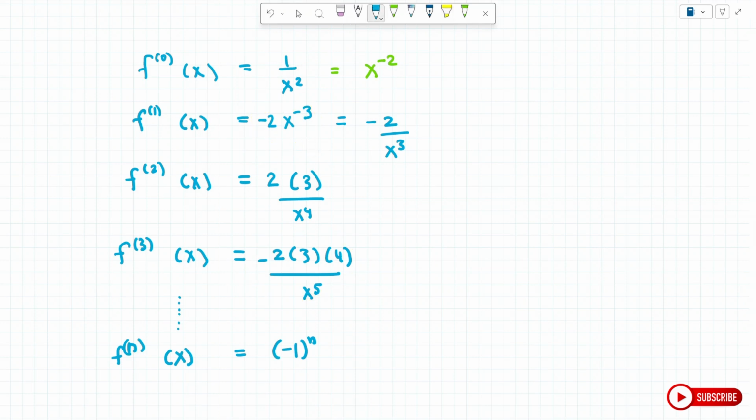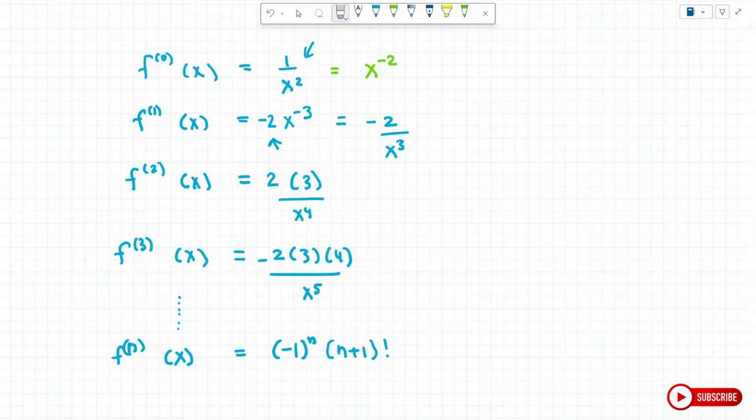And then what else can we notice? We're going to multiply this by n plus 1 factorial. Let's verify that. We have our value here is 1, and then we've got 2, and then we have 6, which is 3 factorial, and then here we have 4 factorial because we get 24.